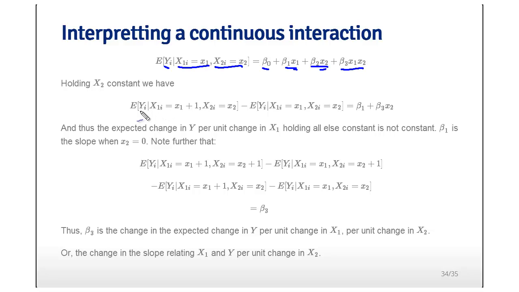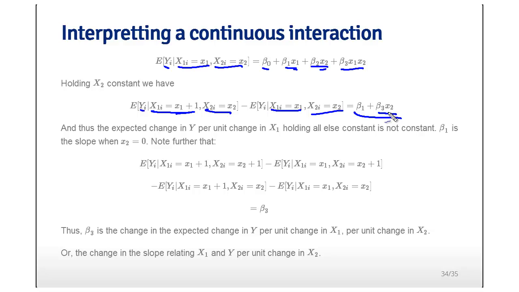If I look at y when x1 is some value plus 1, holding x2 constant, minus y when x1 is just that value, holding x2 constant, I now get beta 1 plus beta 3 x2. If I didn't have that interaction term, it would just be beta 1 by itself.